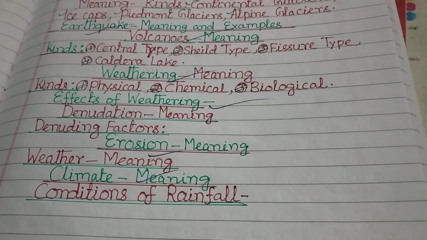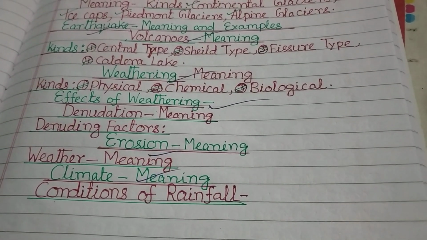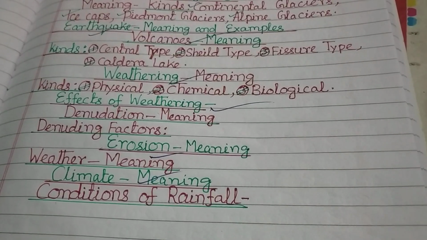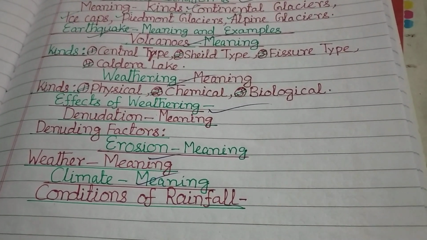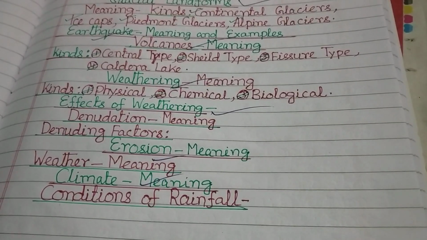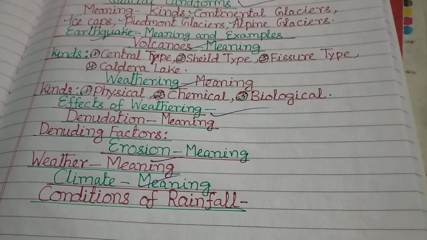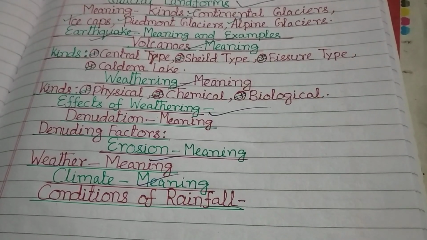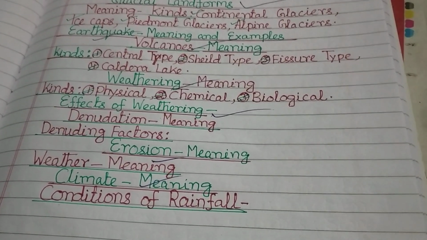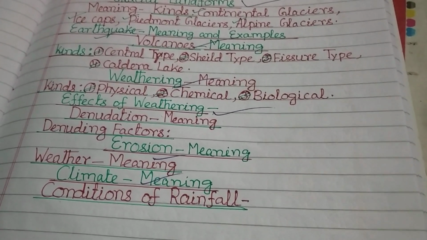The strong wind erosion leaves behind well-separated rocks in arid landscape. These are called inselbergs or ruwares.